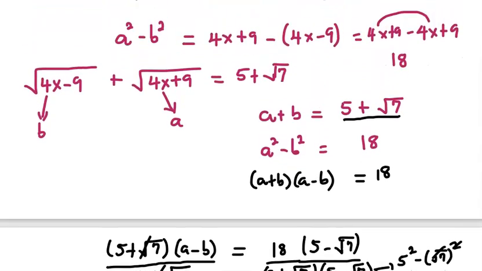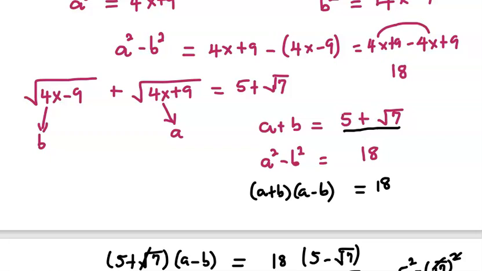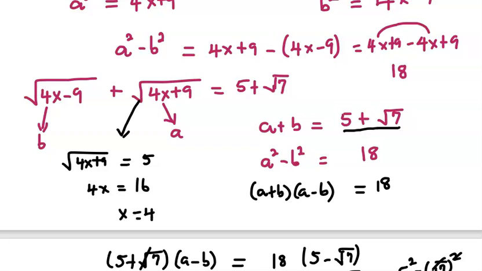So now recall back, we have found B as square root of 7 and we have found A as 5. So from here we can solve for x: 4x plus 9 is equal to, instead of A we write 5. So square both sides and subtract 9, we get 4x is equal to 25 minus 9, which is 16. Divide both sides by 4, we still have our solution that x is equal to 4. So therefore the right answer to this problem is 4.